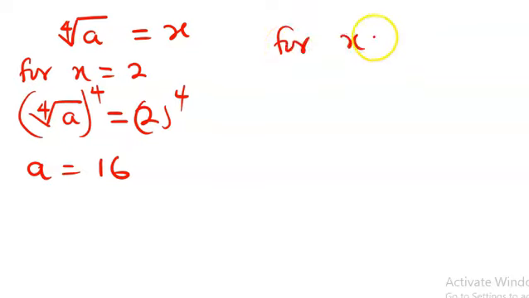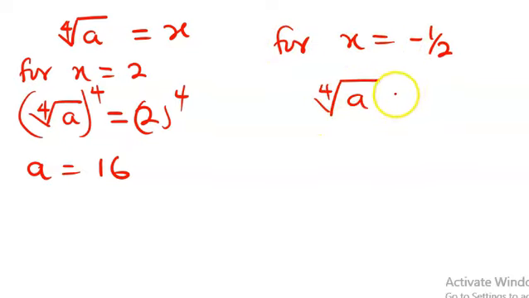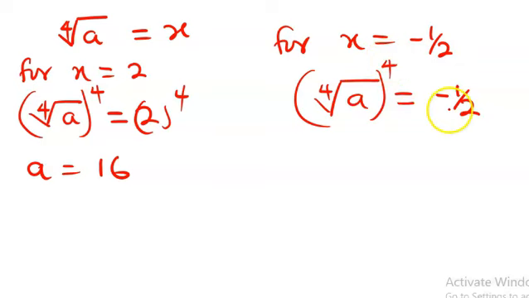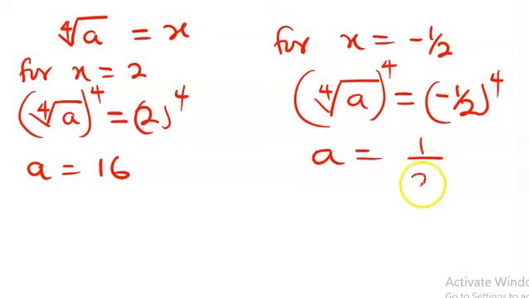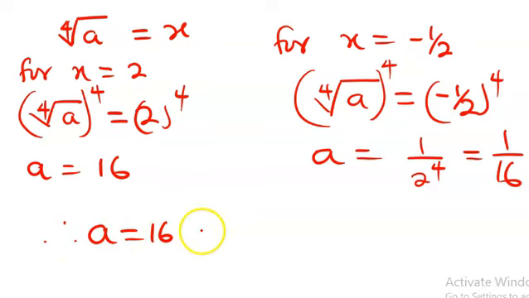So for x is equal to minus 1 on 2, the fourth root of a is equal to minus 1 on 2. So once again, we raise both sides to the power 4. We have a, which is equal to 1 over 2 raised to the power 4, which is 1 over 16. So therefore, a is equal to 16 or 1 over 16.